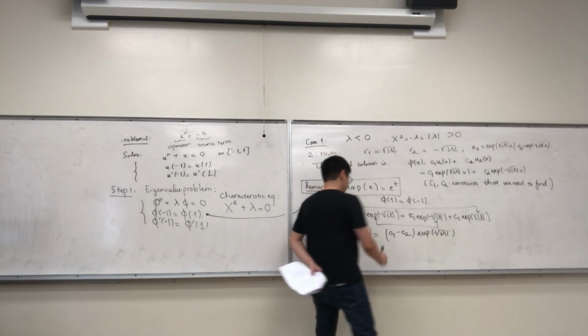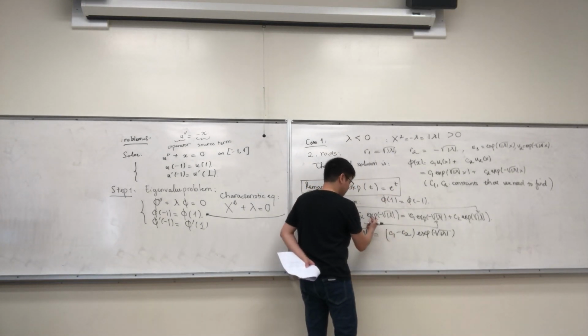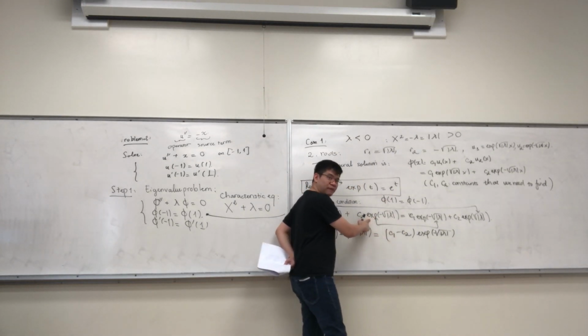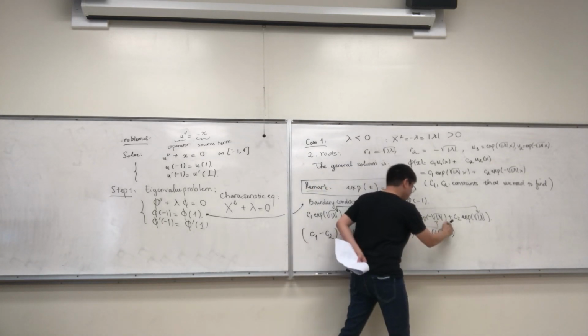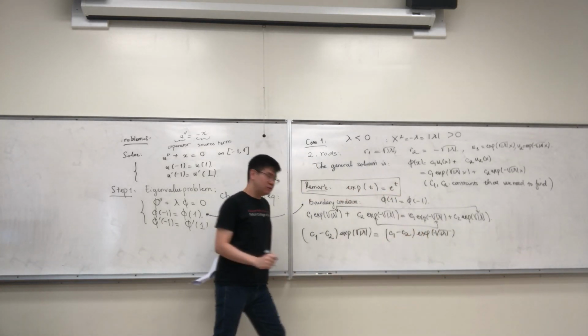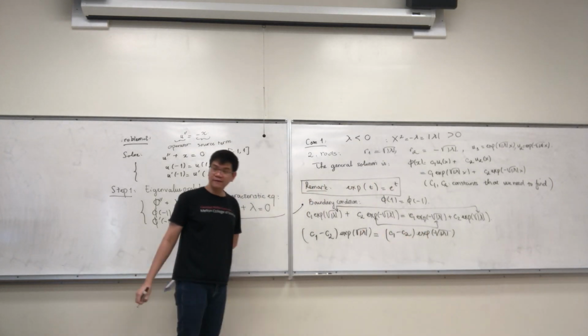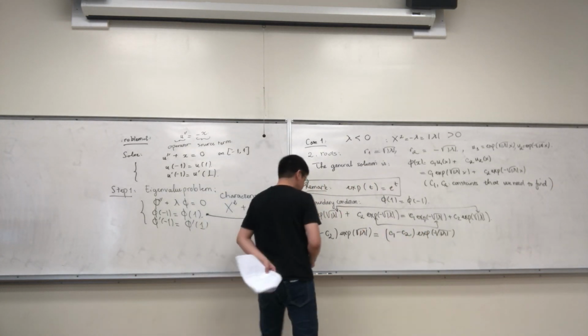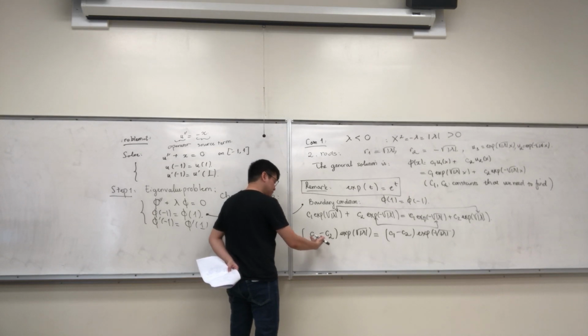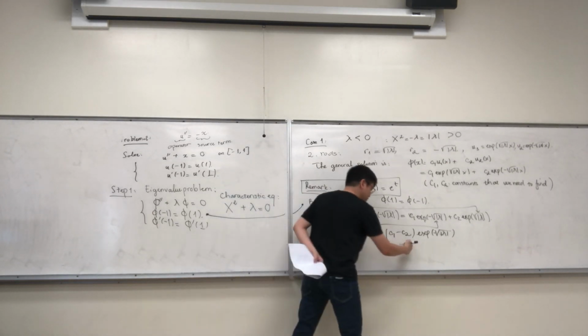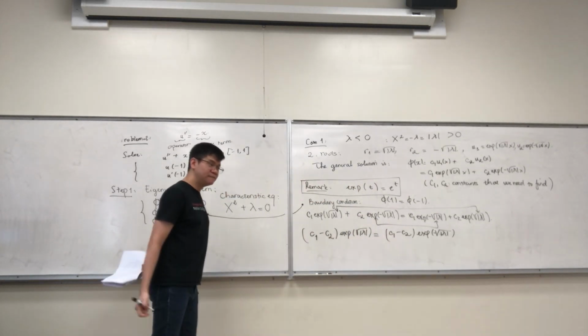All right? Here I have exponential of minus square root of lambda, and here I also have exponential of minus square root of lambda. So I'm going to have c1 minus c2 exponential of minus square root of lambda. I put them together, so now what I have is c1 minus c2 in both terms.